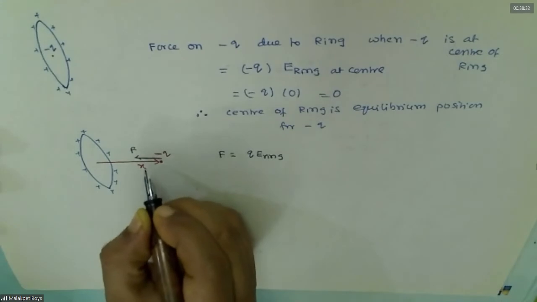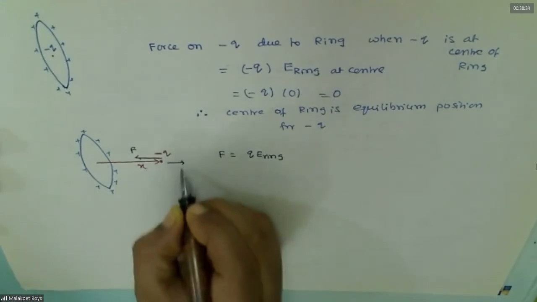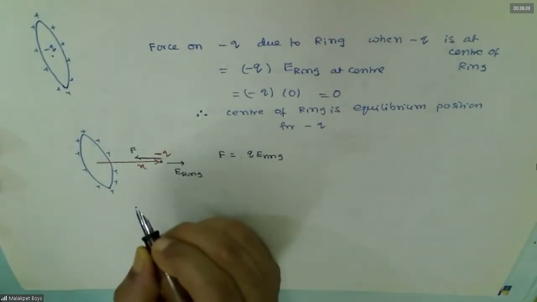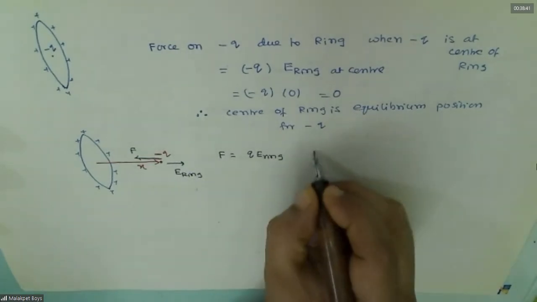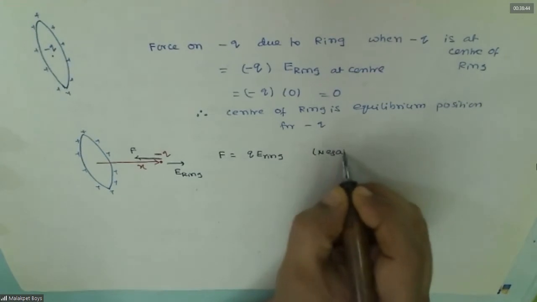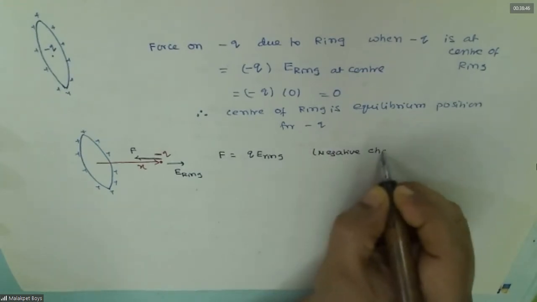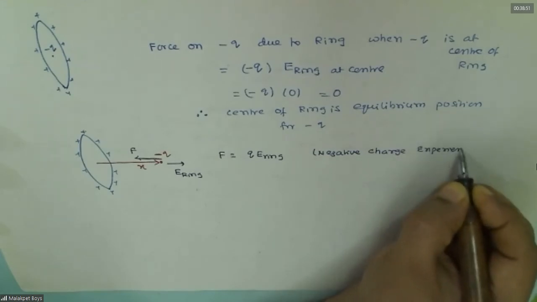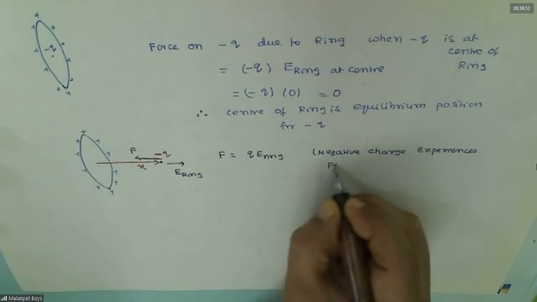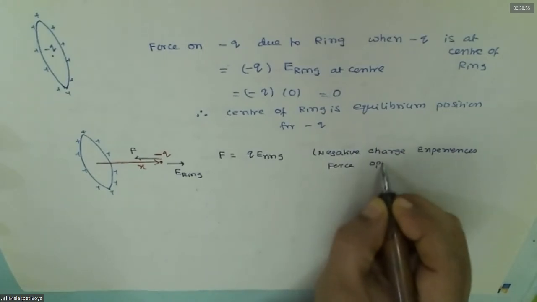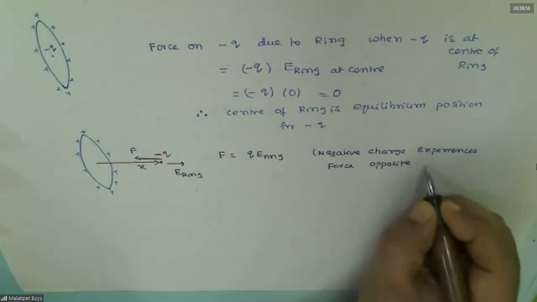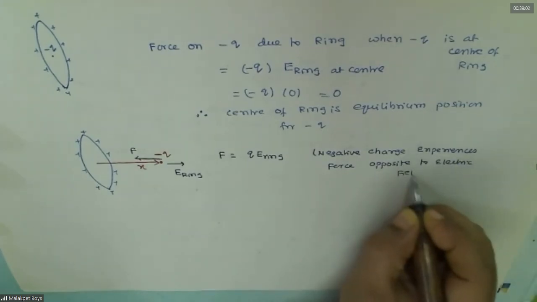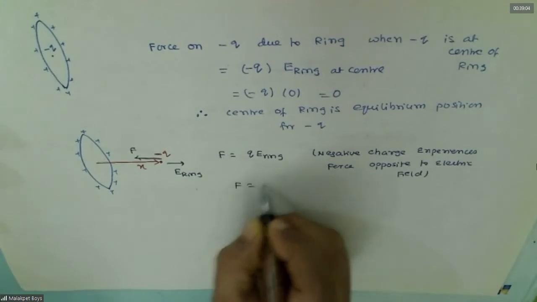Because this is negative, no? Electric field is this side, no? Yes, sir. Agreed. Negative charge experiences a force opposite to this, no? Yes, sir. So what is the force it has?